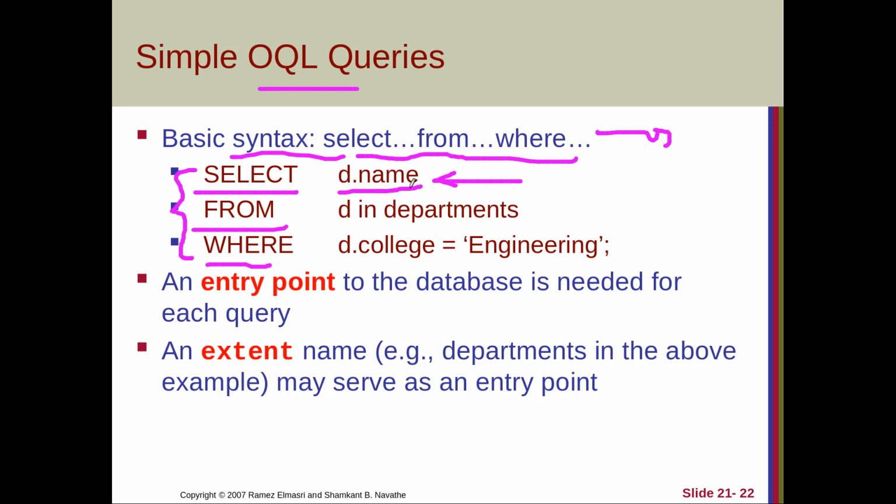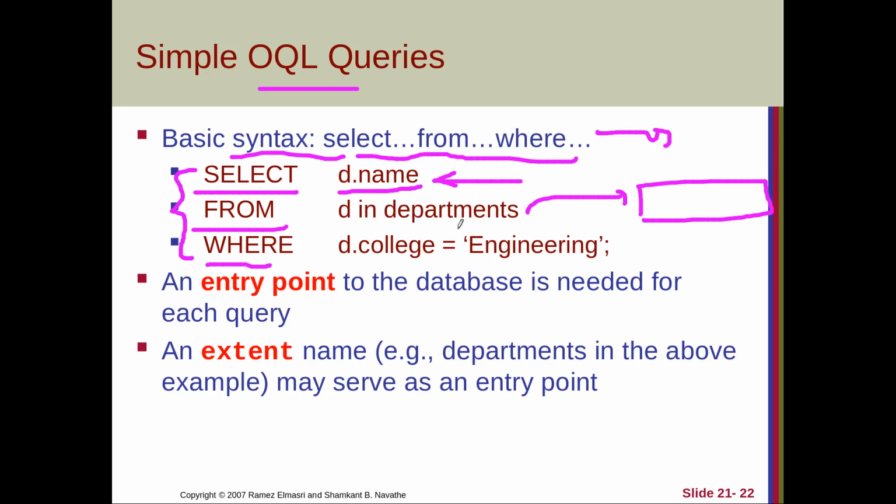Select D dot name from D in departments. Assume this is departments. As you can see, departments is the name given.